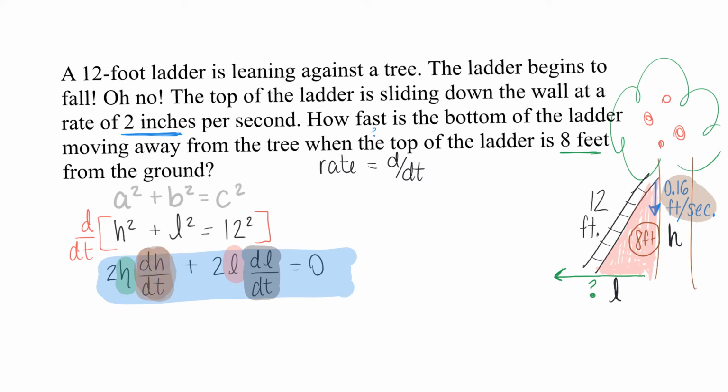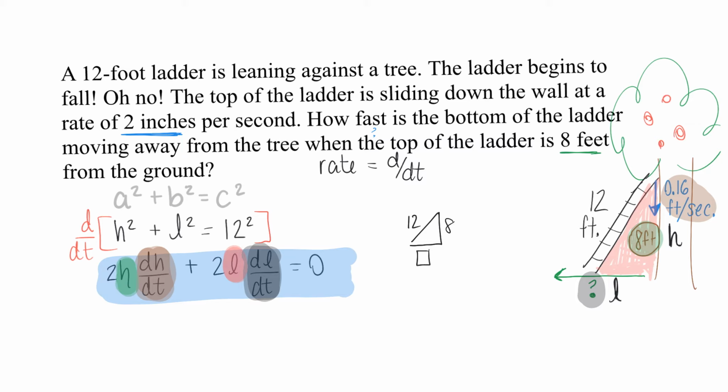In the height that we were talking about, our h, we were told that we want to know what's happening when the height's 8 feet. Now, dl dt is what we're looking for, right? And then there's this matter of length. So if we take a snapshot, we can figure out that we've got a triangle here that's 12 and 8.